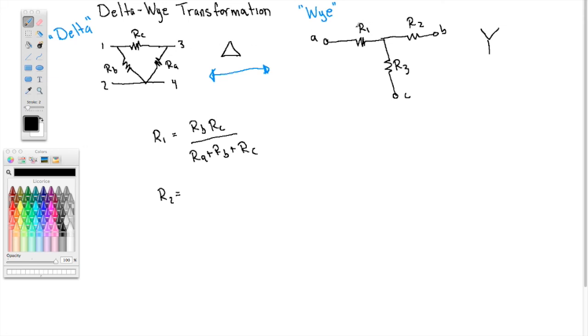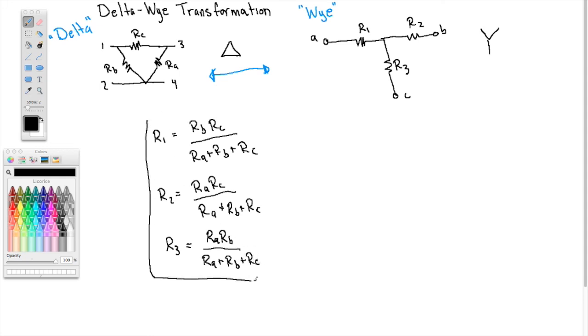So that was what was connecting here. So R2 is B, so RB is going to be missing in the numerator here. RA plus RB plus RC. And then finally R3 is equal to, let's see, we left off A, then we left off B, so now we leave off C in the numerator. Okay, and these are our equations to get from delta to Y.